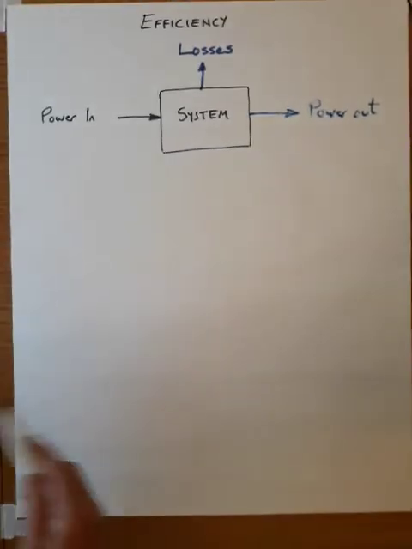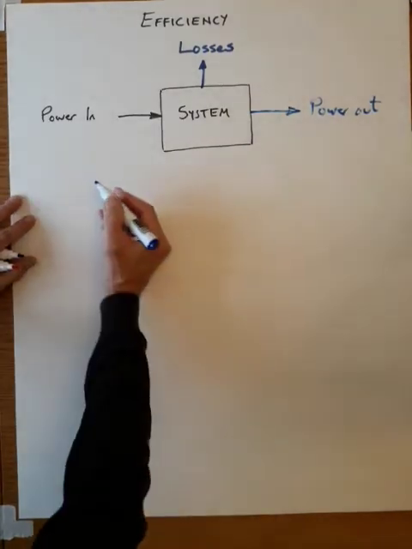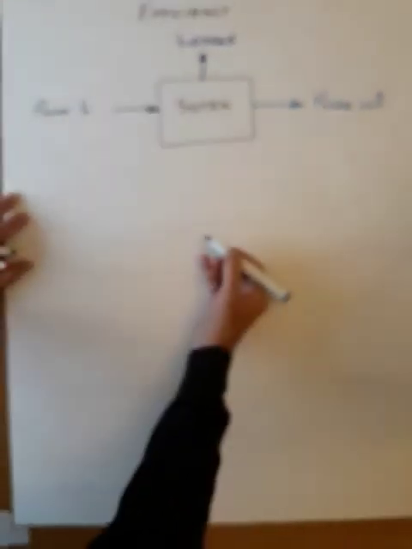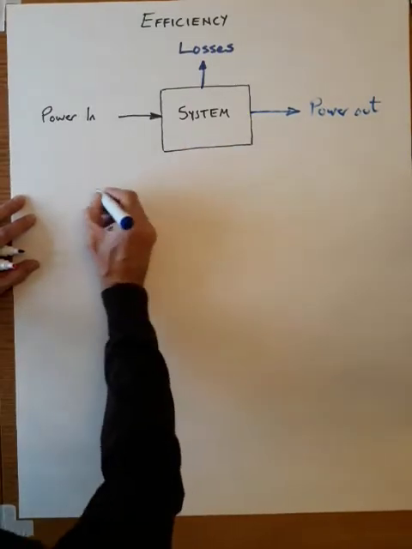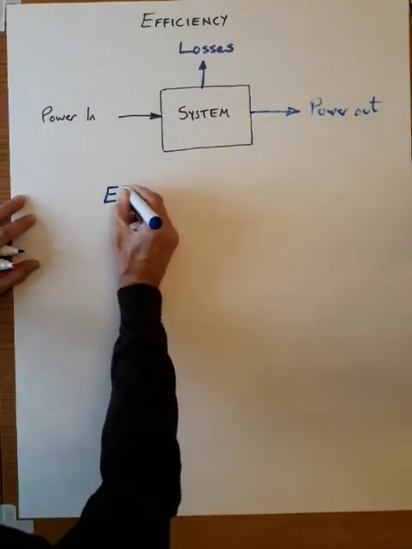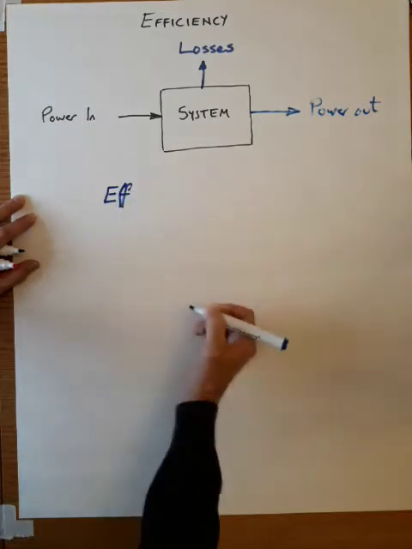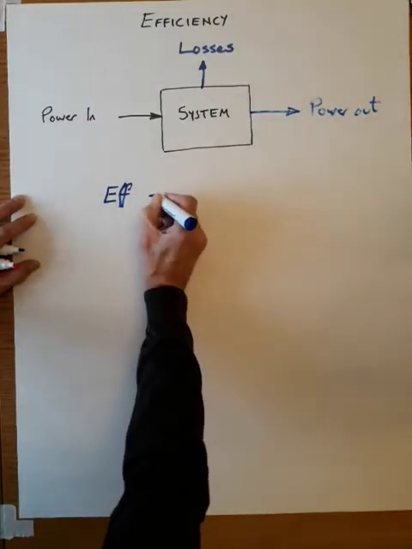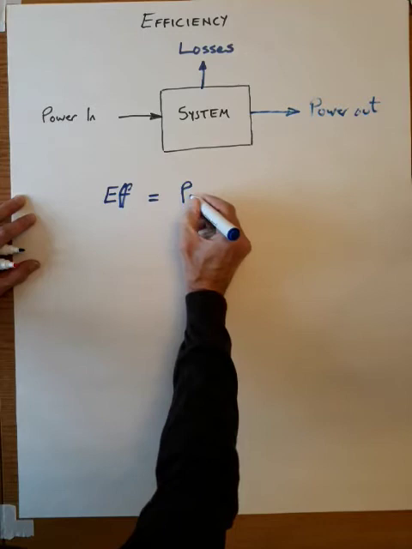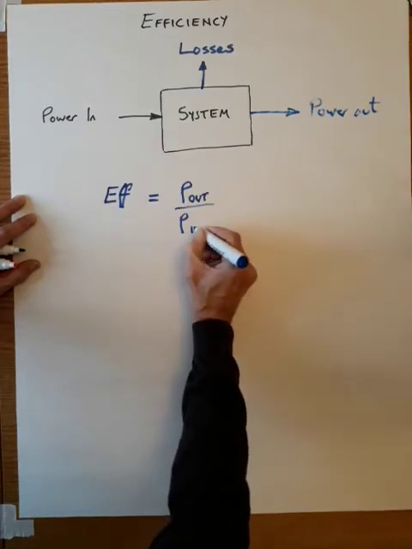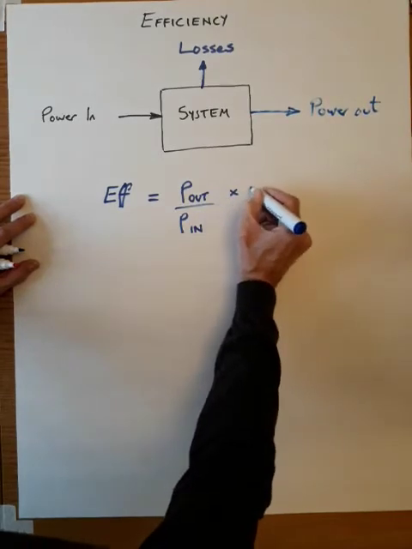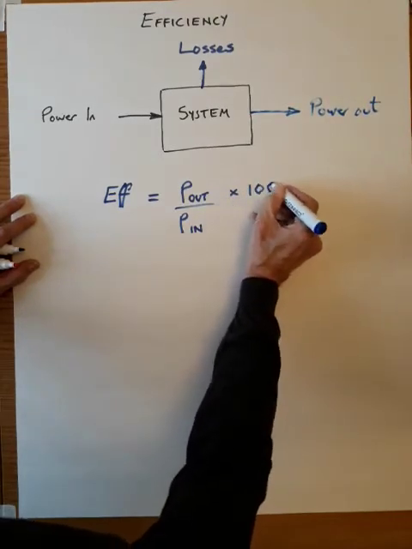So let's talk about that. We can change this down to a formula. Efficiency equals power out divided by power in times 100.